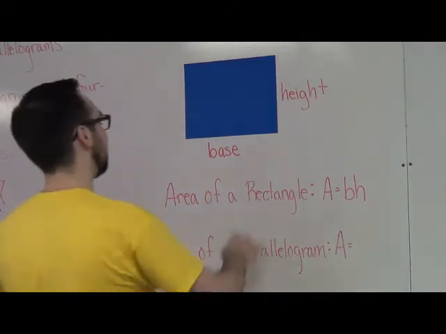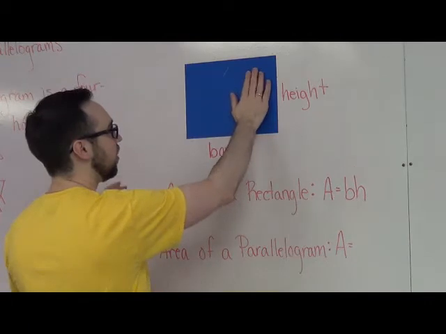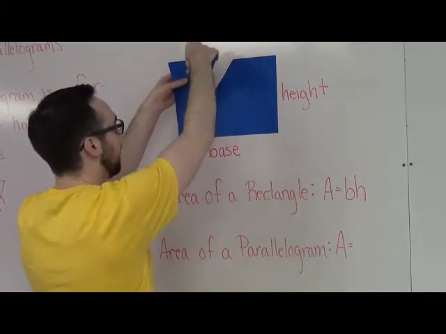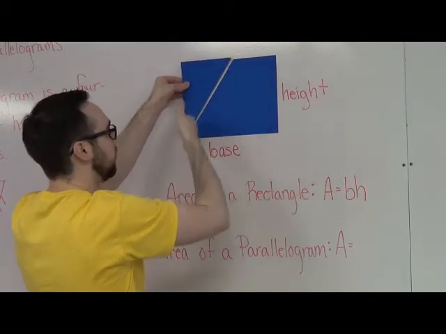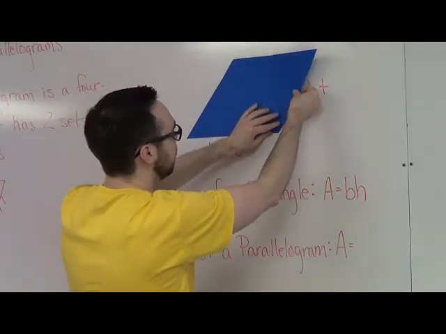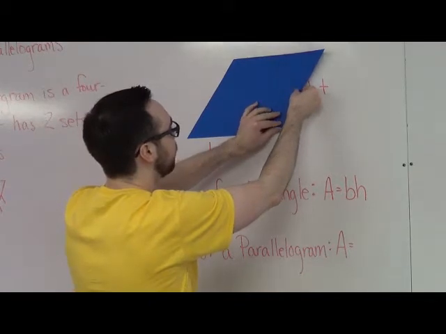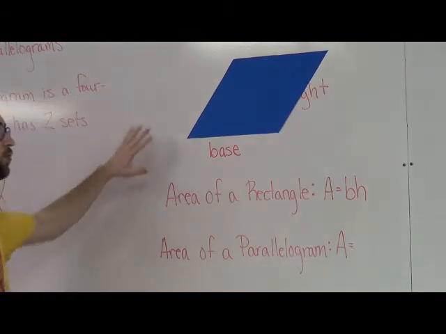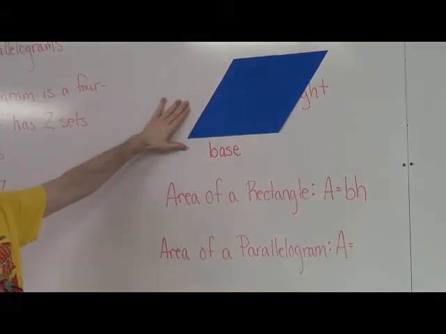If I were to take this rectangle and split it apart with a diagonal, so it doesn't have to be straight across, but some sort of a diagonal here, and move this and line up the two straight edges together, notice we form a parallelogram.